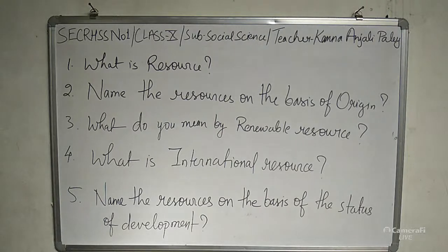Those resources owned by the international organization, that type of resources is called international resources. Fifth, name the resources on the basis of the status of development. There are 4 types of resources under this category. First, potential. Second, developed. Third, stock. And fourth, reserve.